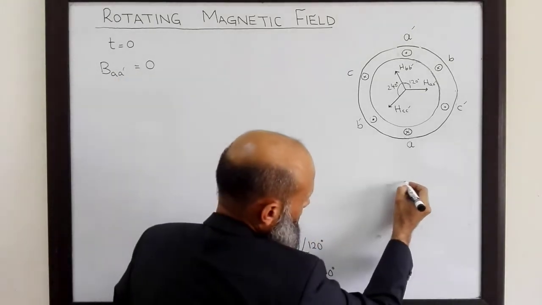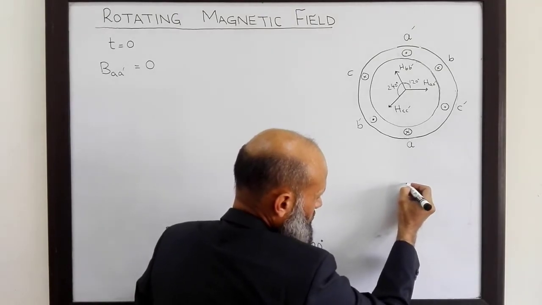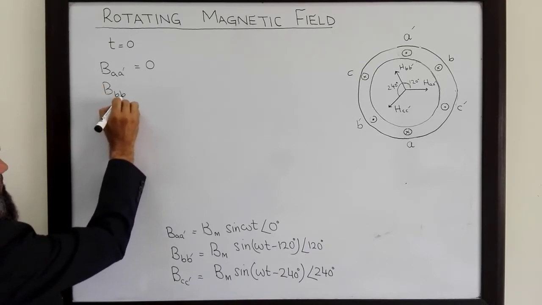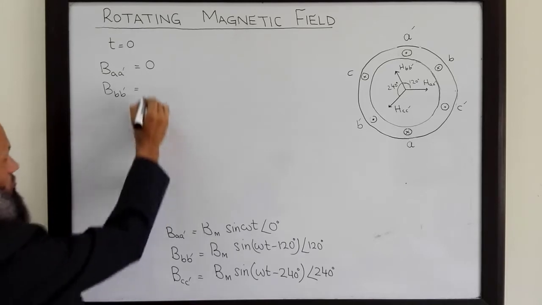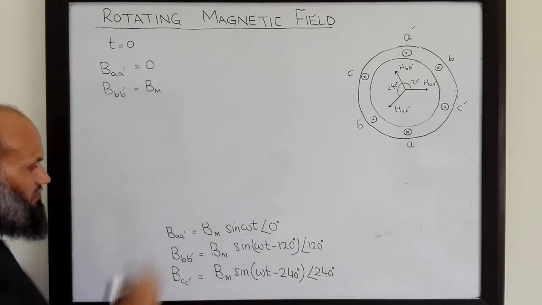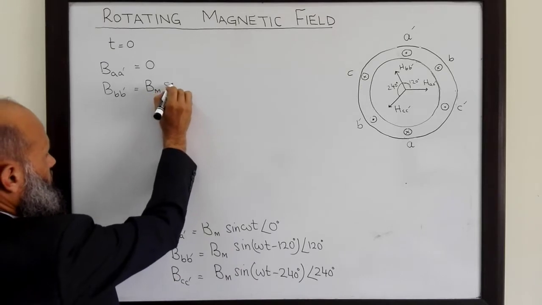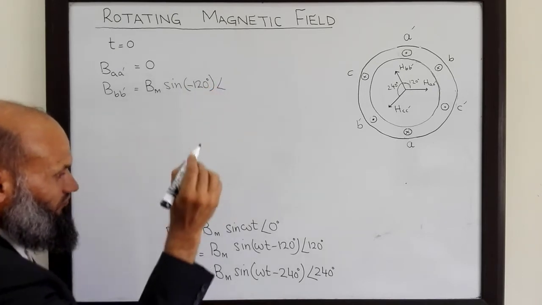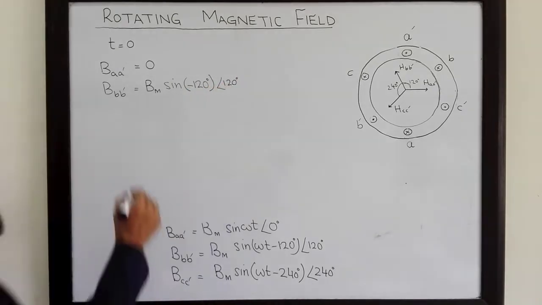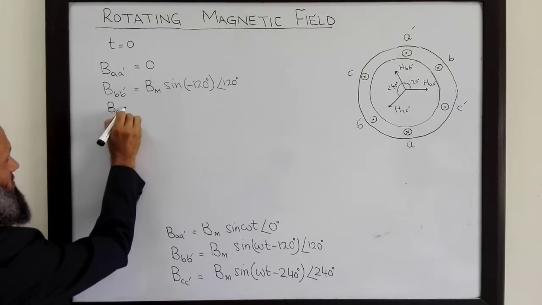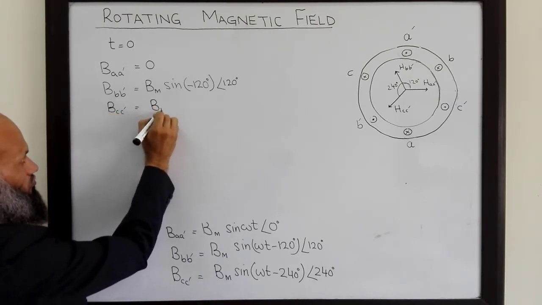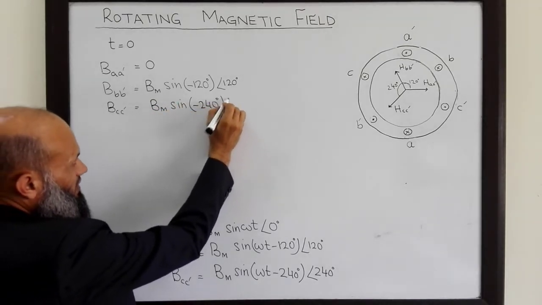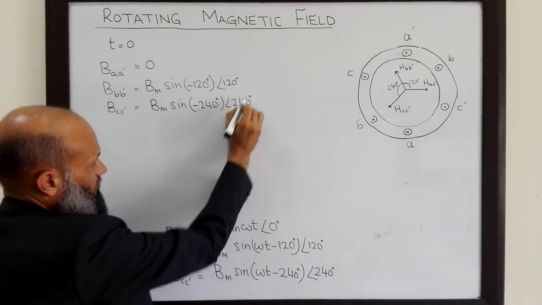So we have a vector in this direction with magnitude equal to 0, and BB', that is equal to Bm sine of minus 120 degrees at an angle of 120 degrees, and then BCC', that is equal to Bm sine of minus 240 degrees at an angle of 240 degrees.